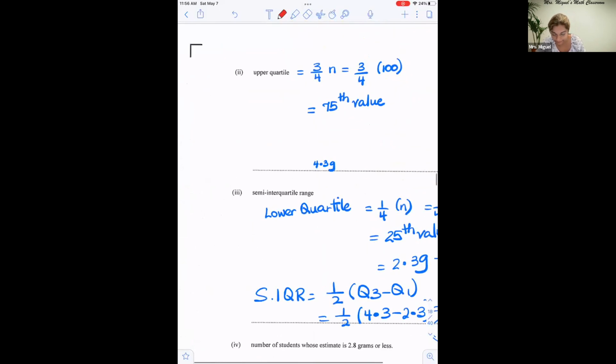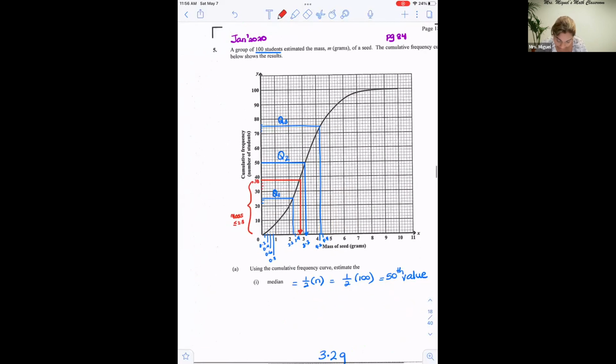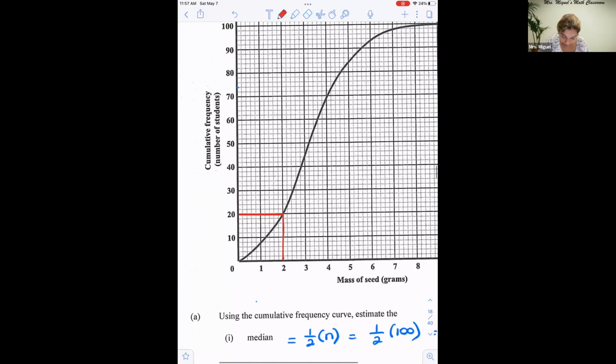Let's go and see. So 0 to 2, here this is 20. So look at this. I'll clear up some space on my graph so we can understand what's going on here. 0 to 2 is 20.